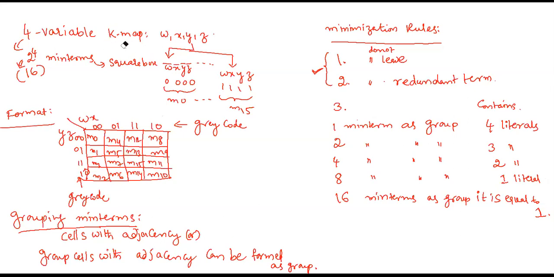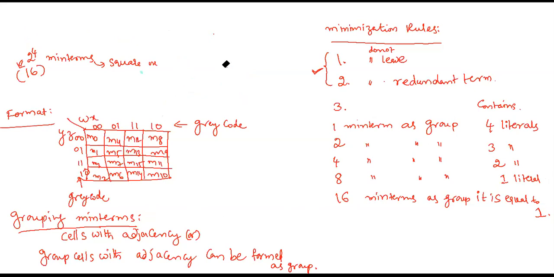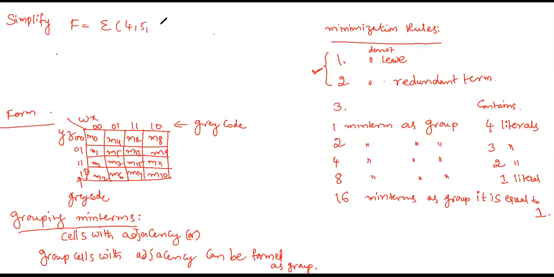It is similar to the 2 variable and 3 variable K-map explanation. Simplify the below expression using K-map. F is equal to sigma 4, 5, 6, 7, 15. Here, simplify this expression using K-map.